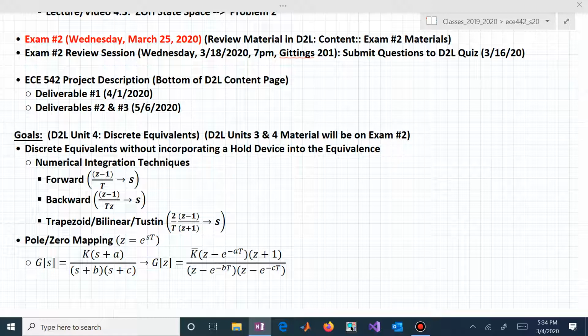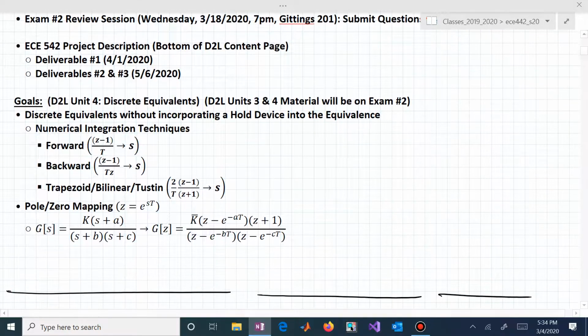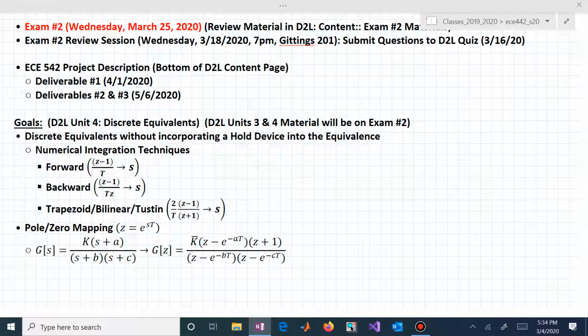Phase 2 and Phase 3 can be combined into one document, submitted into the Dropbox on the 6th of May. And I think that's basically the last day of class. Our final is, I think, the last day of finals in this same room, but I believe that's a Thursday, not a Monday or a Wednesday.